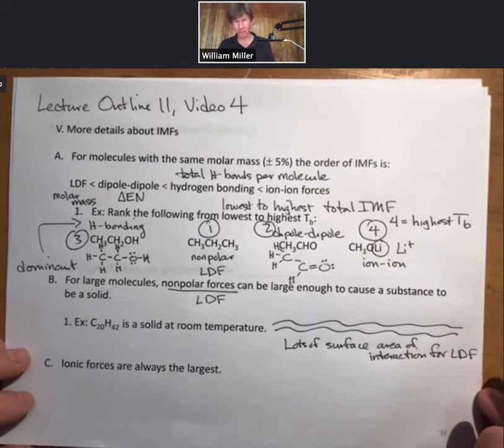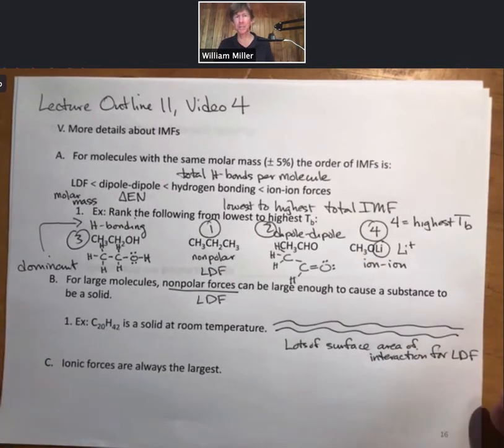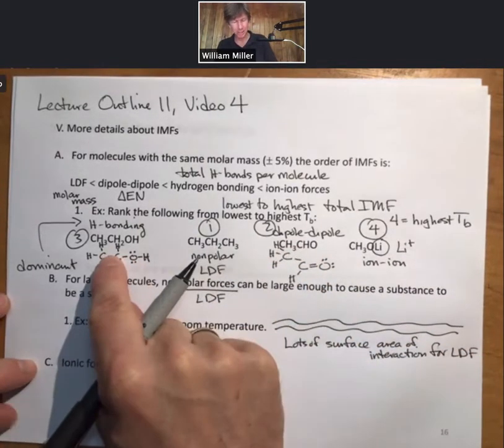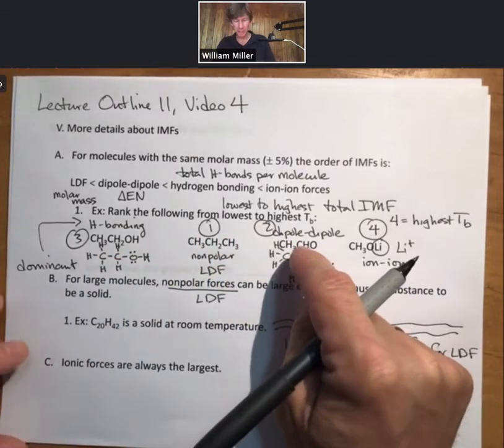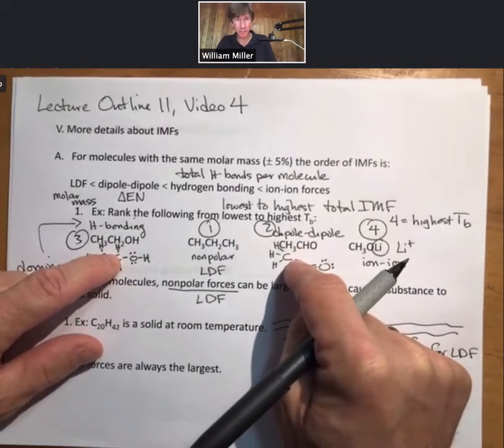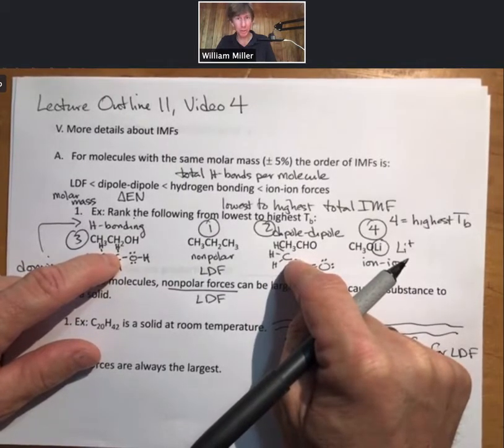See, ionic forces are always the largest, so hands down, they have the biggest charges. Remember, hydrogen bonding is just a large version of dipole-dipole. These have partial charges. Permanence, that's less than full permanent charges.